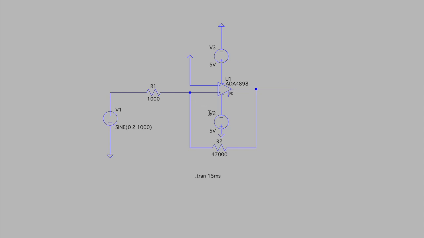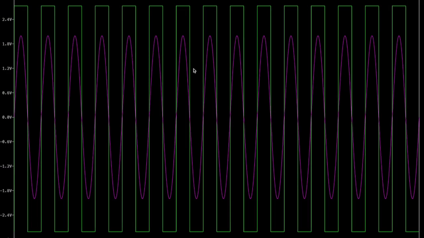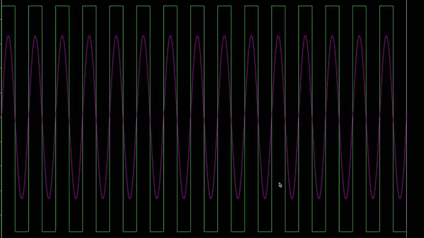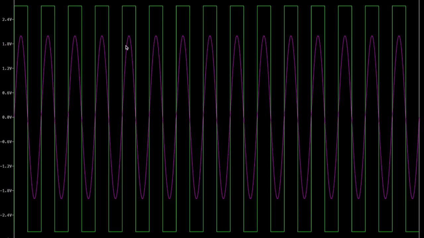Running the transient simulation as set by the SPICE directive, we get the following graph over here. We set one probe at the sinusoidal voltage source over here and one probe at the output over here. As seen in the unmistakable bright pink, the voltage from the sinusoidal source oscillates between 2 volts and negative 2 volts.